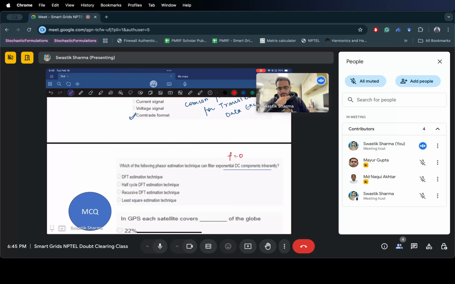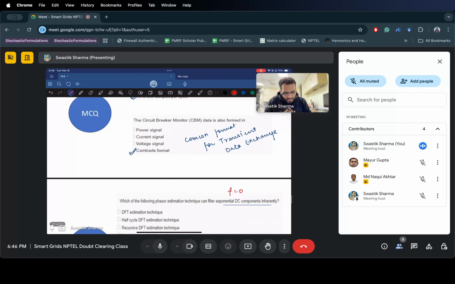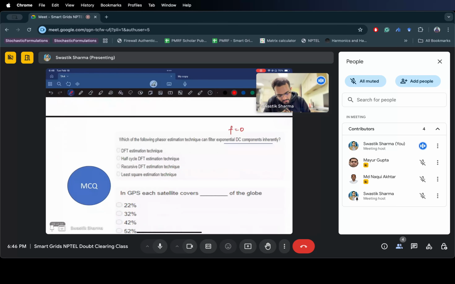Would the DFT technique be suitable for this? No, right? For that, we use the least square estimation technique. What we do is we minimize the error, the square of the L2 norm error term, to estimate the correct values of our system.